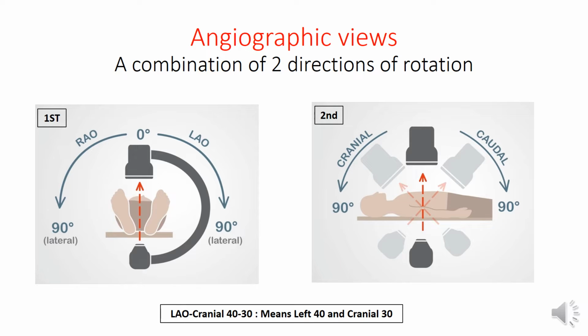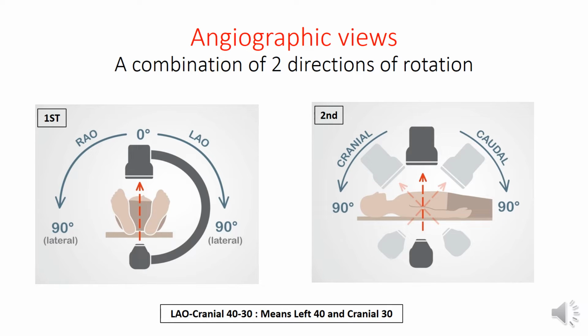So at the cath lab we have the X-ray machine. This is the source of X-ray, and here is the image receiver. We have two directions of movement of the X-ray tube, right and left direction, and cranial and caudal direction.